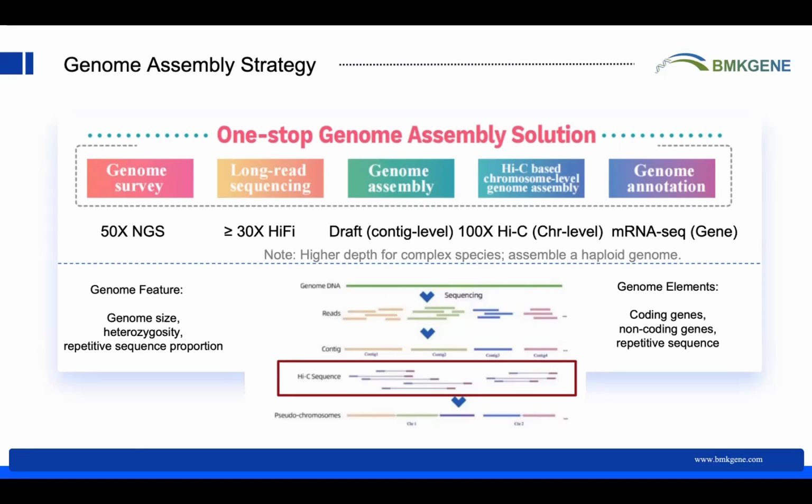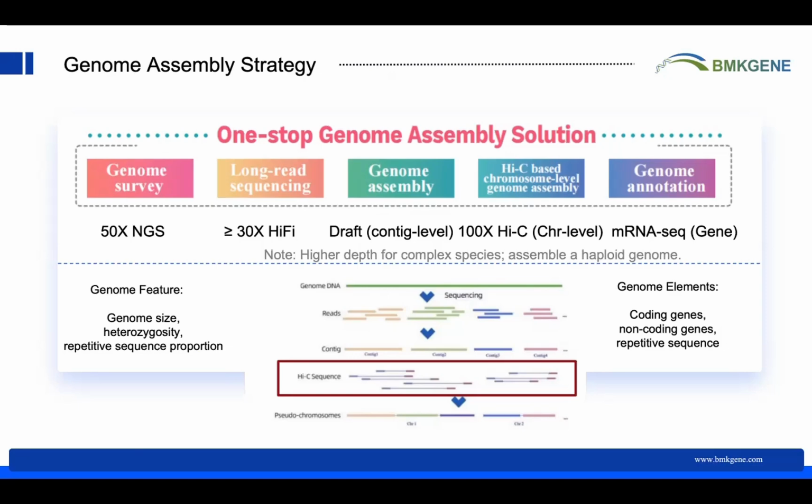After that, we can do the genome annotation. In this part, I mean using mRNA-seq data or reference genome annotation information from related species, or some de novo prediction methods, then we can do the genome element predictions.